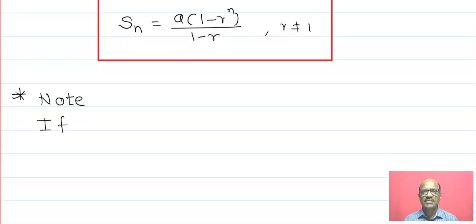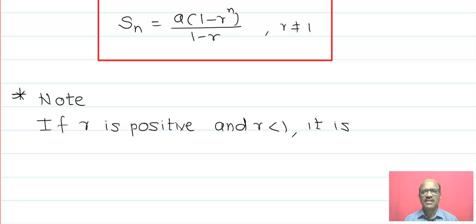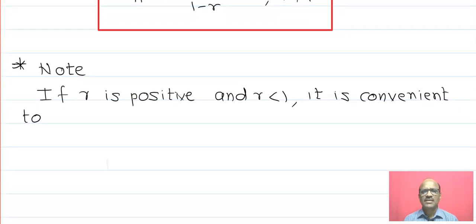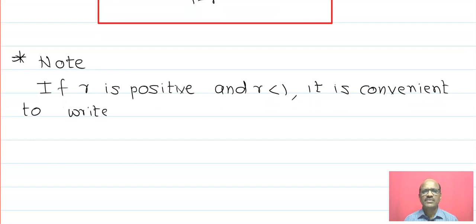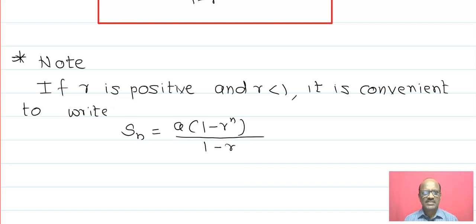Note that if r is positive and the value of r is less than 1, it is convenient to write Sn equals a times (1 minus r raised to n) upon 1 minus r.